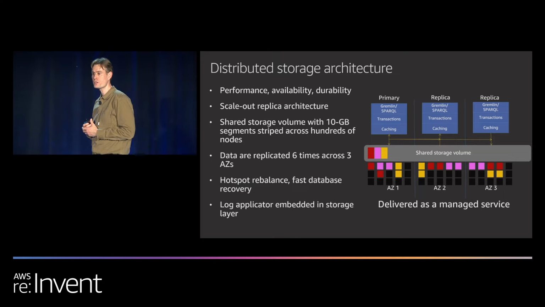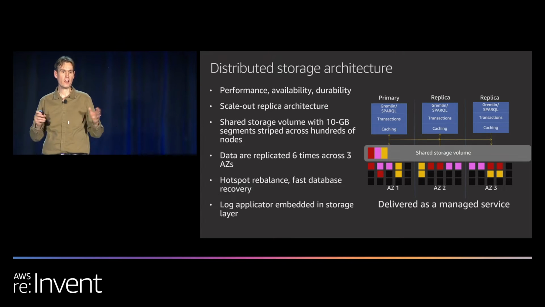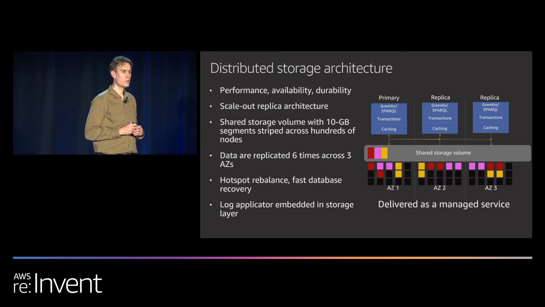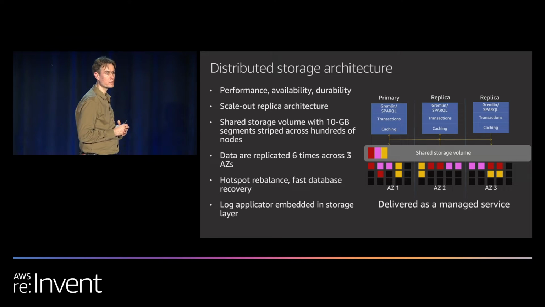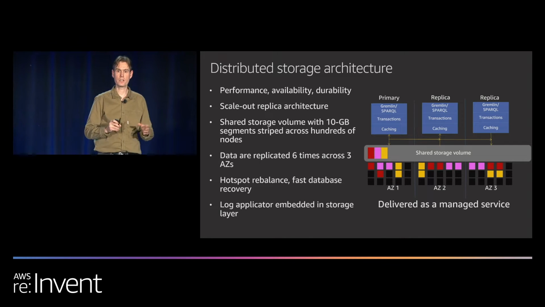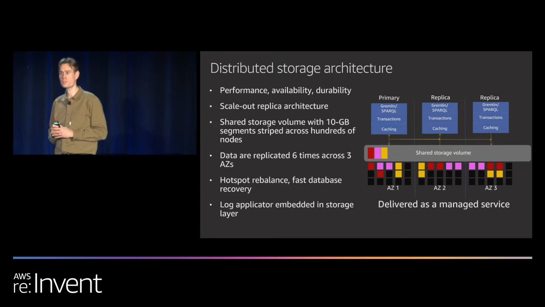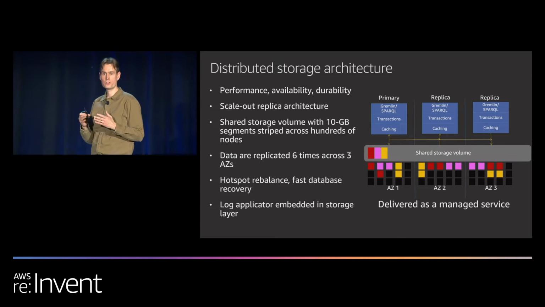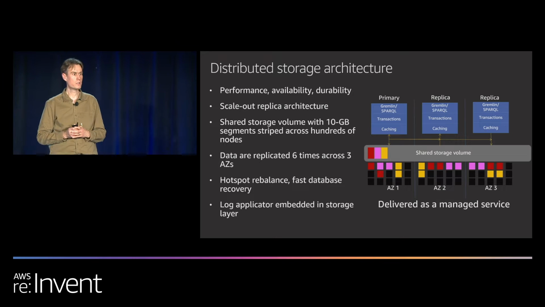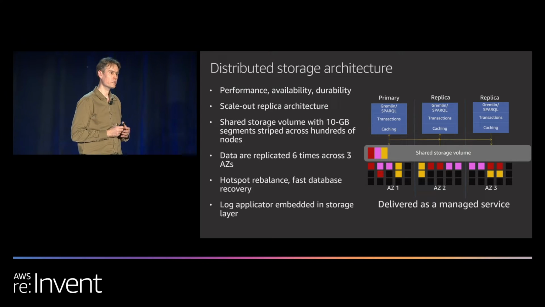The Neptune storage service provides a scale-out model for storage on Neptune. Each Neptune cluster consists of a single view of the storage service that grows in 10 gigabyte chunks, which are distributed automatically 6 times across 3 availability zones.